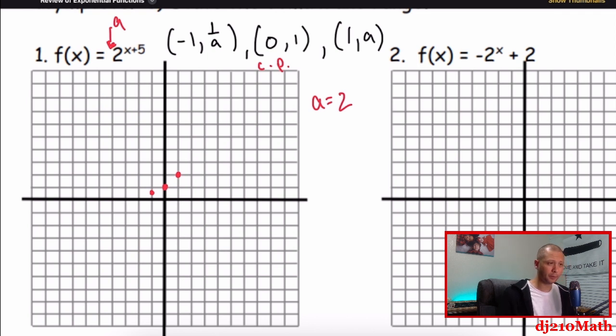Now, those points are going to move because of this x plus 5 business. It's x plus 5, so this means it's going to shift left 5 units. Everything's going to shift left 5 units.